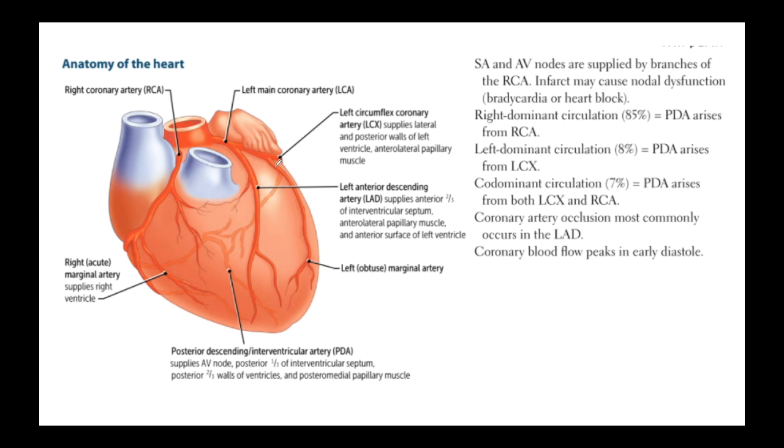And then we also have the left circumflex coronary artery, from which you also see the left marginal artery supplying the lateral side here towards the apex. But the left circumflex goes around the heart on the left side to supply the lateral and posterior walls of the left ventricle, as well as the anterolateral papillary muscles.